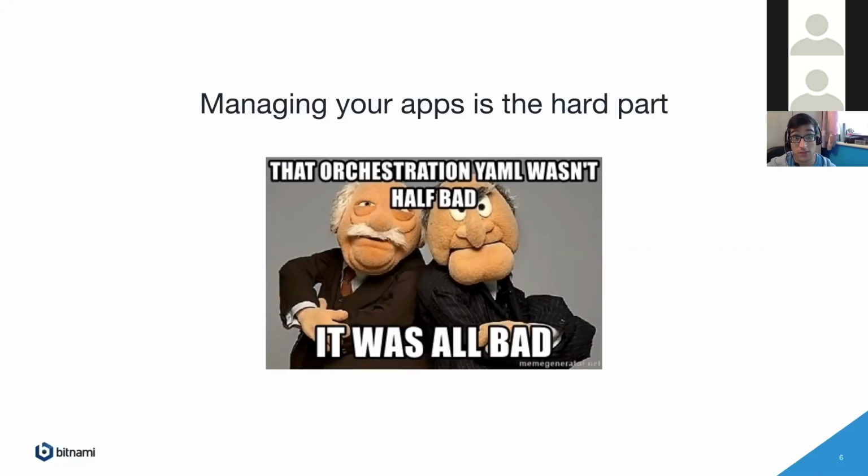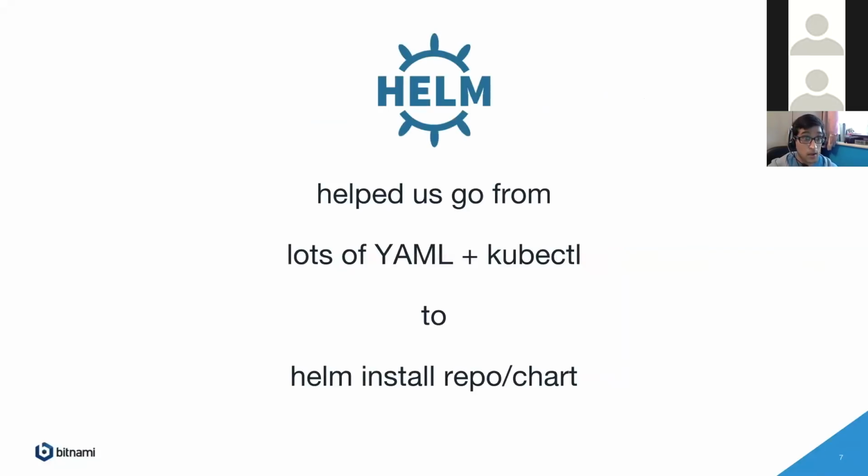Every time you want to deploy something new, you probably have to copy that boilerplate YAML and replace the image and image tag. Or if you want to deploy a new version, you have to edit that bit of YAML and update that image tag. So it's a little painful to manage apps on Kubernetes right now.